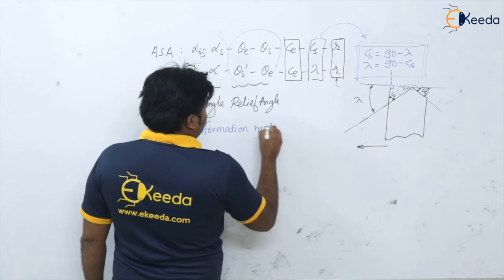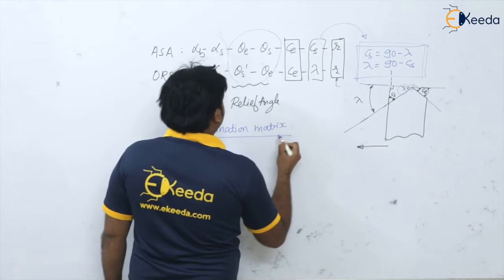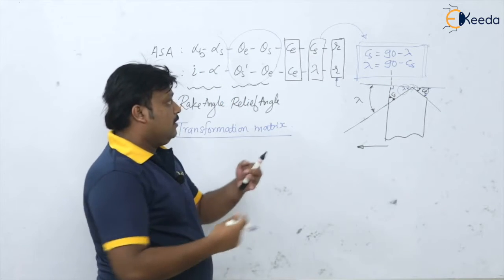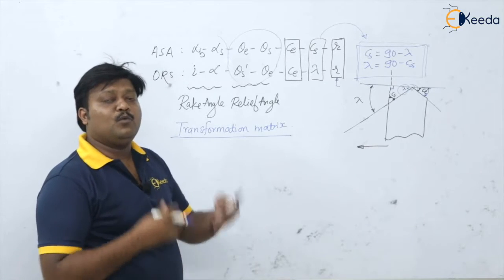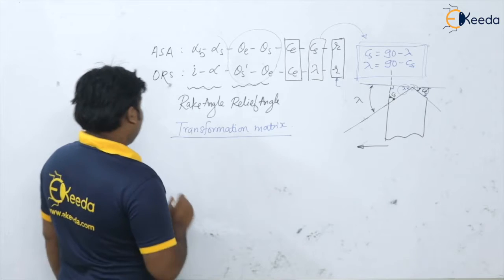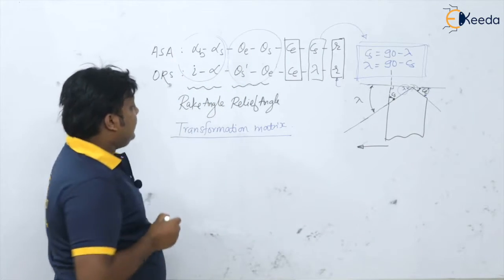By using this we can interchange or interconvert these values of rake angles and relief angles from ASA to ORS or from ORS to ASA. Okay, let us talk about the rake angles.